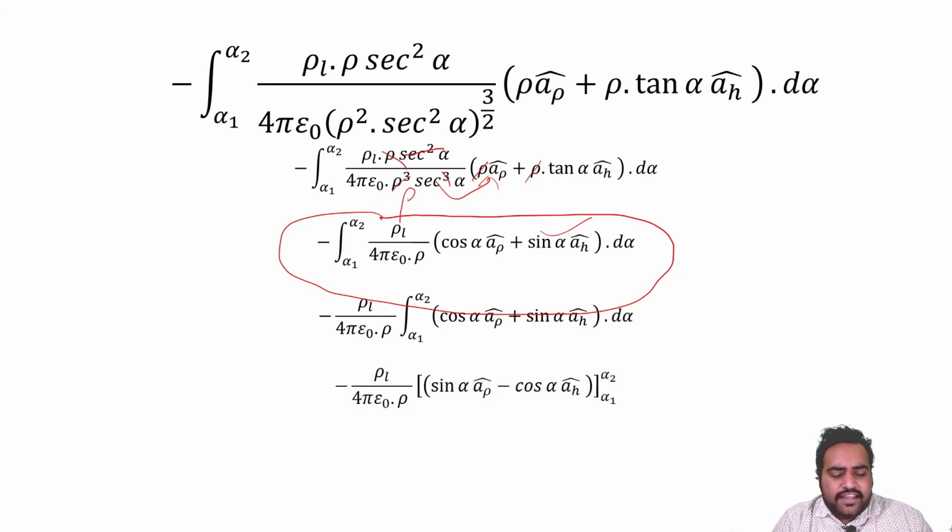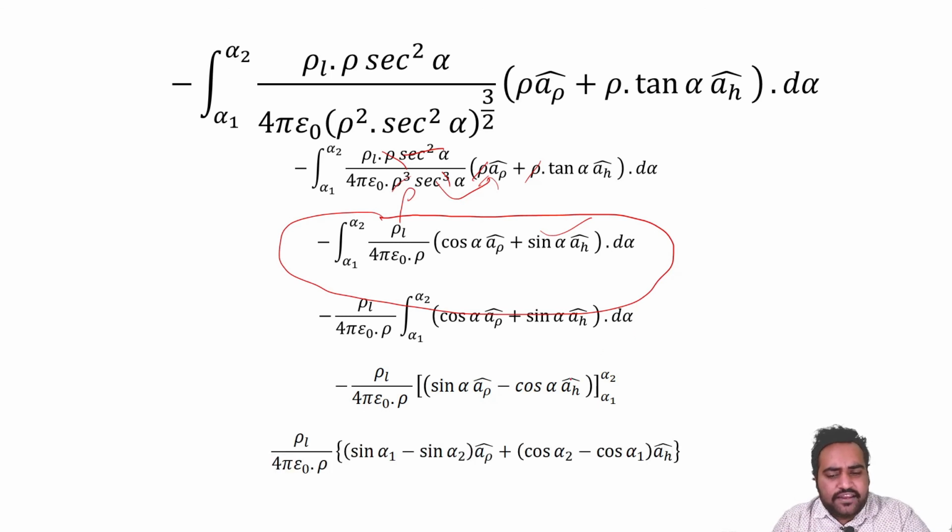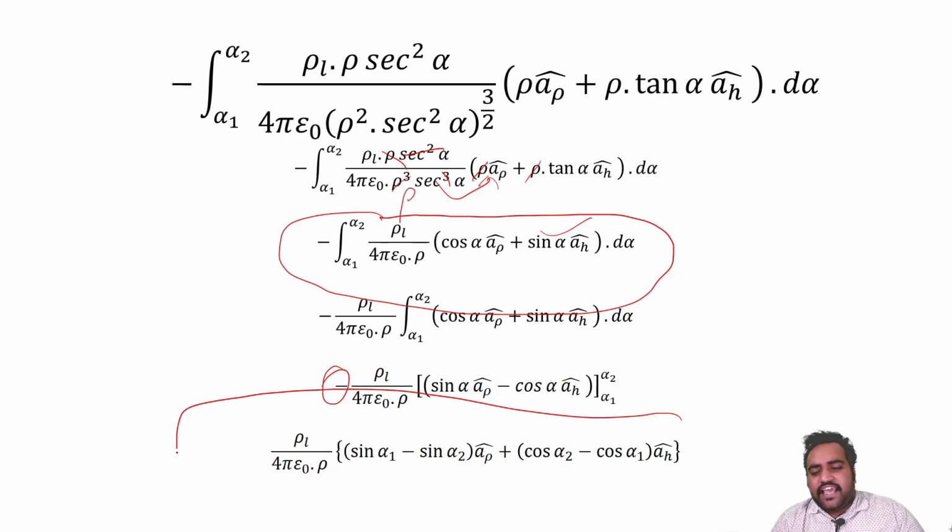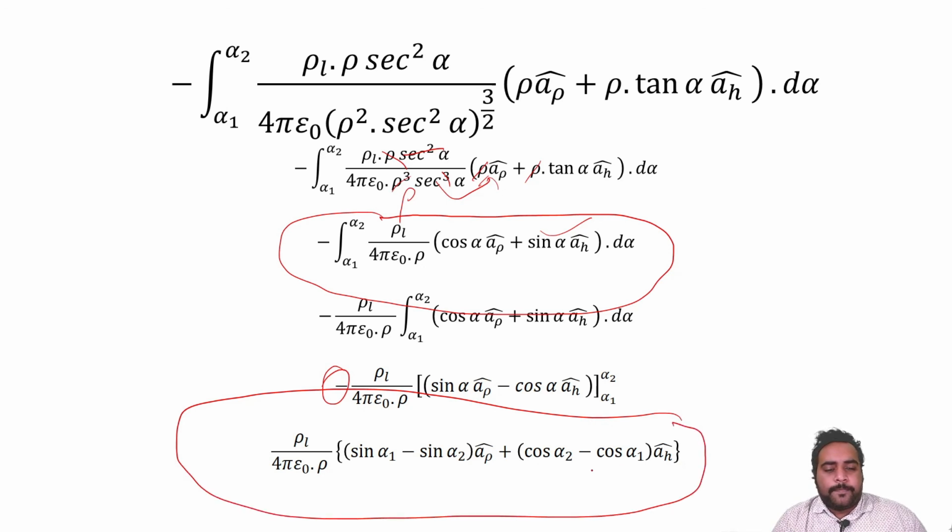So when I substitute the limits, I will be left with sin alpha 2 minus sin alpha 1. There is a minus over here. So (sin alpha 1 minus sin alpha 2) times a rho plus (cos alpha 2 minus cos alpha 1) times a h cap. So this is the final expression for electric field intensity due to a finite line charge.